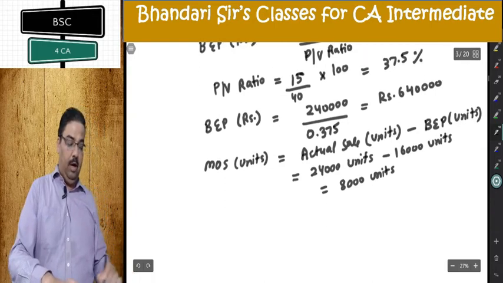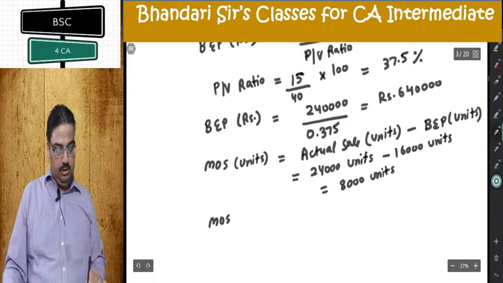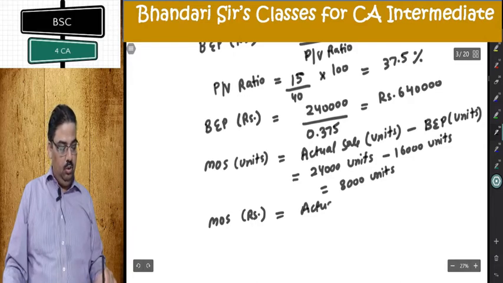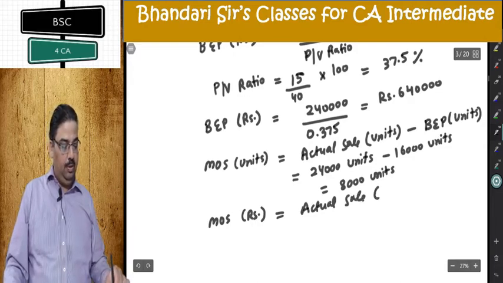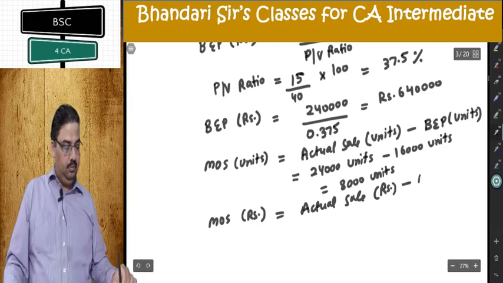Last requirement of part 1, MOS in rupees, is equal to actual sale in rupees minus break-even point in rupees.